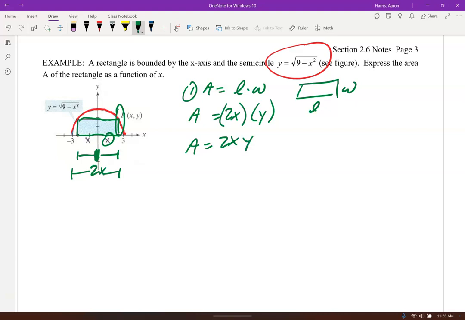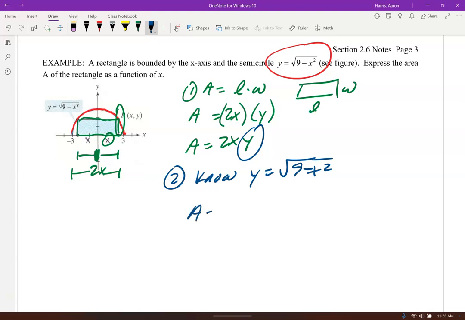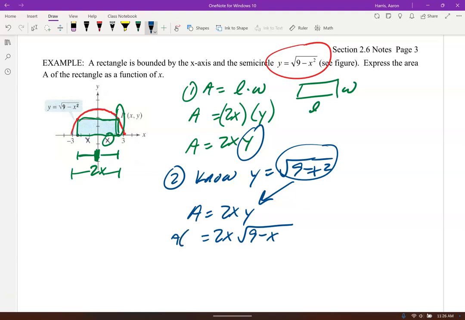Now what they want, so that's just the area. They want the area as a function of x only. So I don't want this y right here. Well, we know that y is the square root of 9 minus x squared. So now we're going to take this area, 2x times y, and we're going to plug that in for y. And that's the area in terms of just the x value.